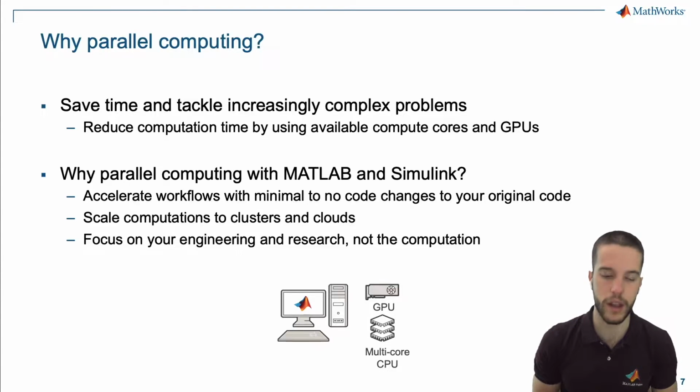At the same time, if we have a cluster of computers in the cloud, we can use this cluster directly from our local machine without changing anything. The objective is that you can focus on your engineering work without taking into account the computational time, because the computation is running offshore on an external server.